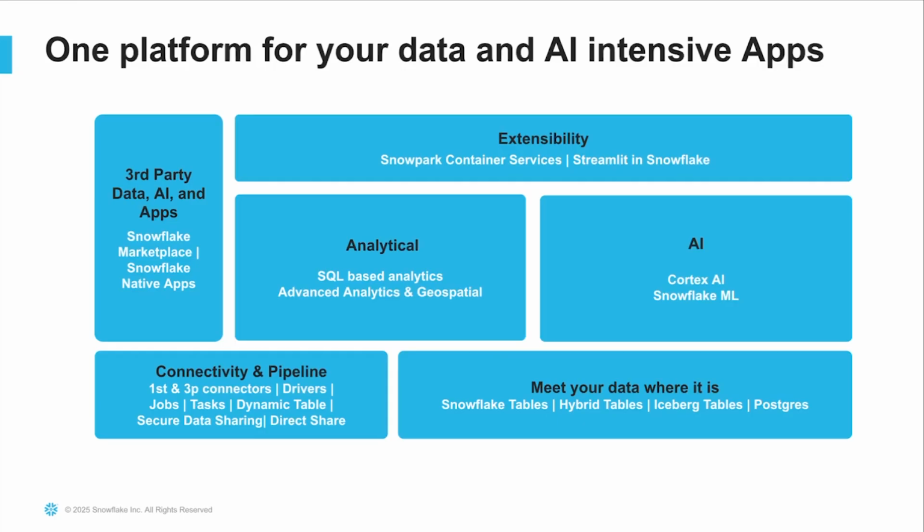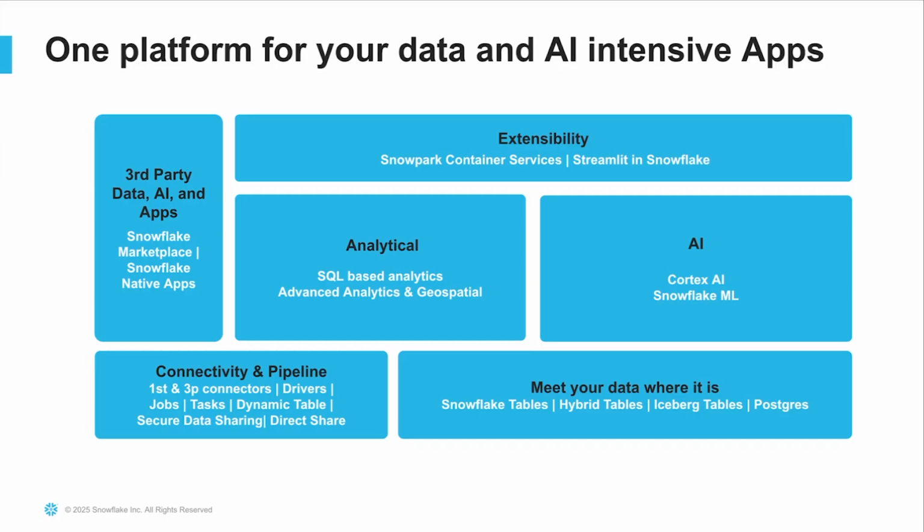So, when we think about your one platform for your data and AI intensive applications, this is what we are talking about. At the base layer, you have the data foundation where you can create the OLAP tables. You have hybrid tables. You have Iceberg tables for interoperability, and you have Postgres tables for your OLTP transactional workload.